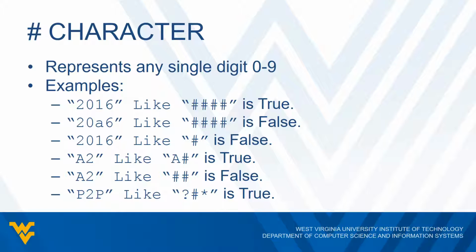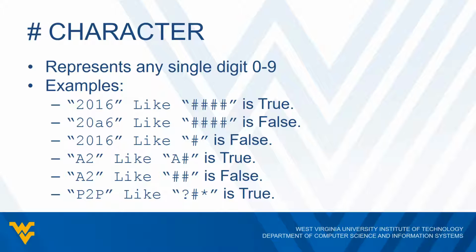Let's say our string is P2P, and our pattern is question mark, pound, star. That sounds fun, isn't it? Well, let's look at what the pattern is saying to explain why this is actually going to be true. The question mark, remember, means it can represent any character, but there has to be a character.